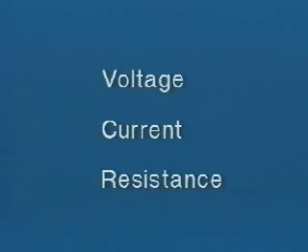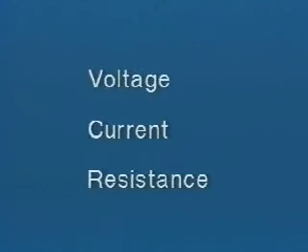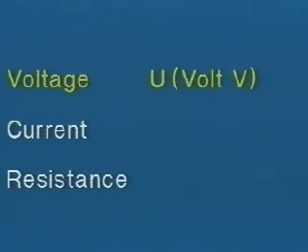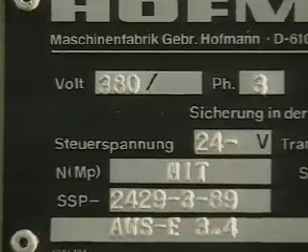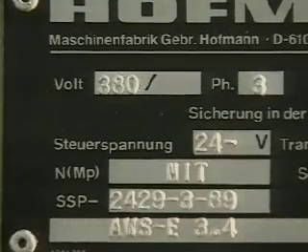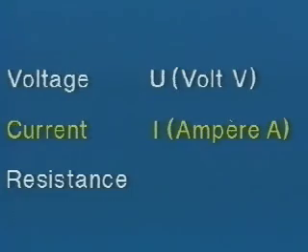There are three terms that everyone knows that define an electric current: voltage, current, and resistance. Voltage has the symbol V and is measured in volts. A rating plate on all electrical devices indicates with which voltage the device is to be operated.